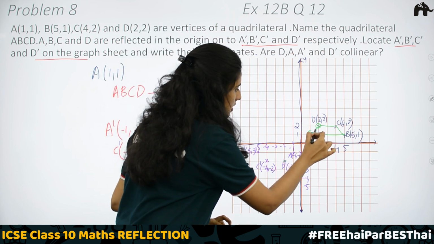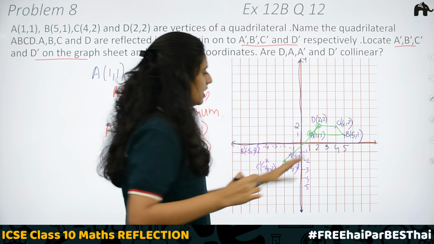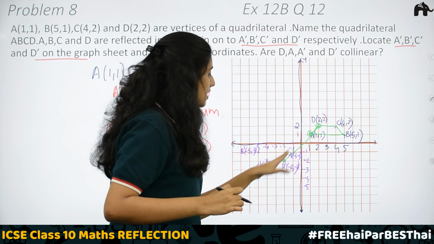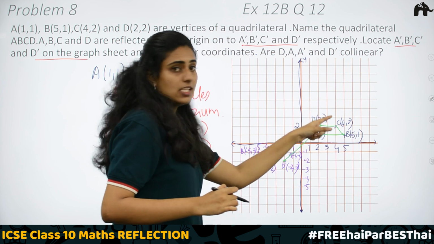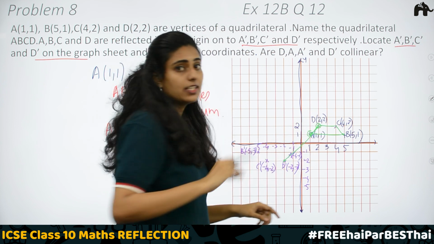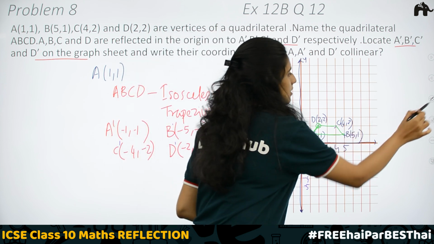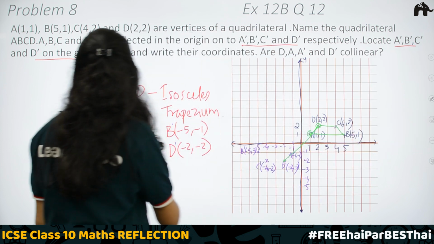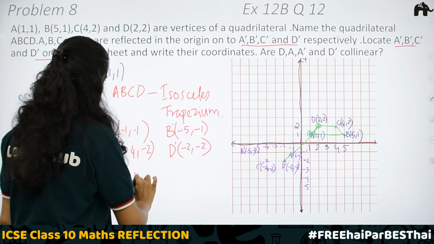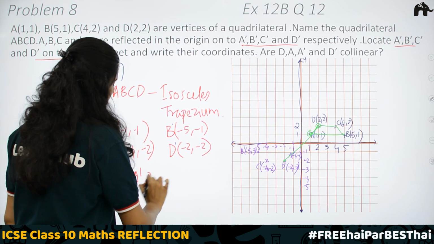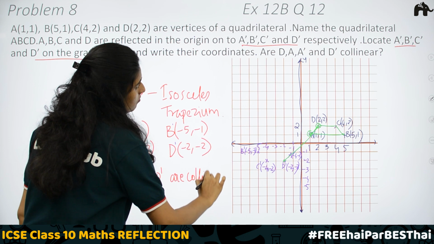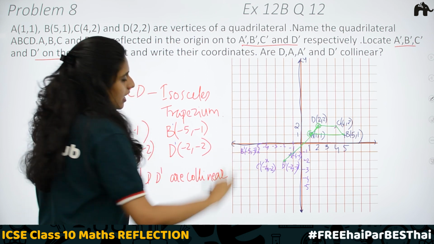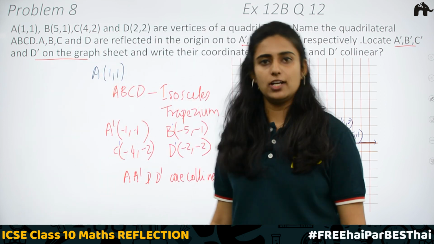When you check, all these points lie along the same straight line. Which means when some points lie on a straight line, we call them collinear. Therefore, we can write D, A dash, D dash are collinear.